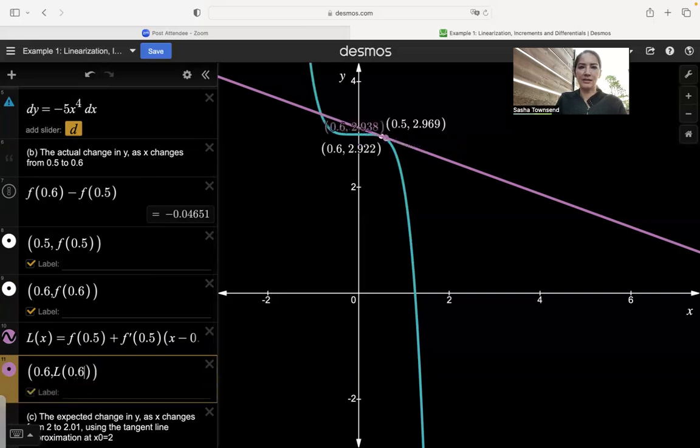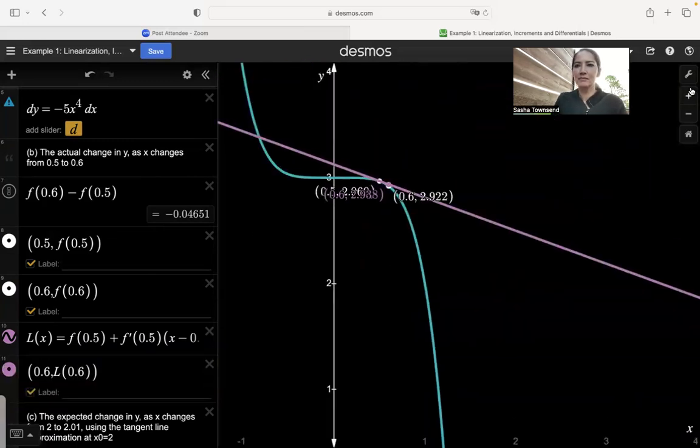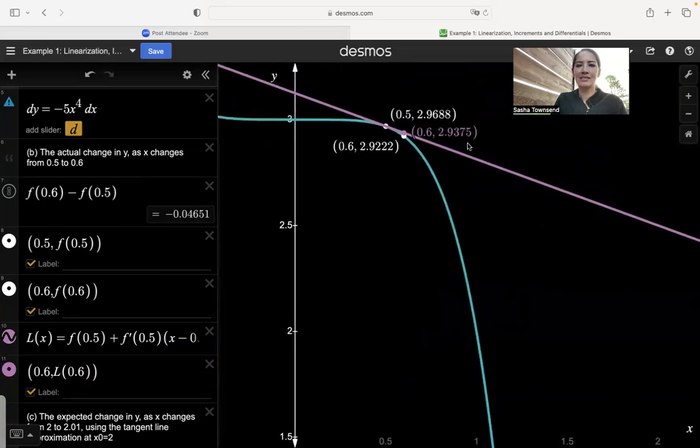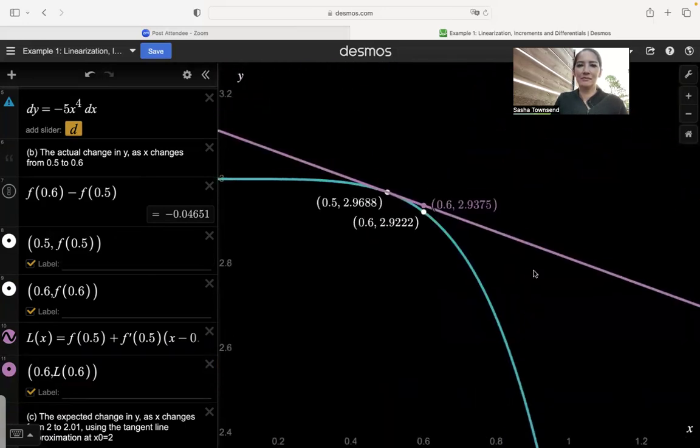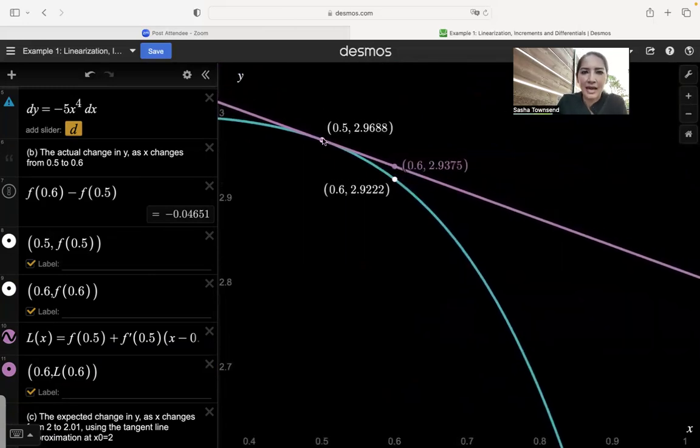And if we evaluate the linearization at 0.5, we can see it if we zoom in. The actual change in y is the difference between this y value and this y value. The expected change in y is the difference between this y value and that y value.